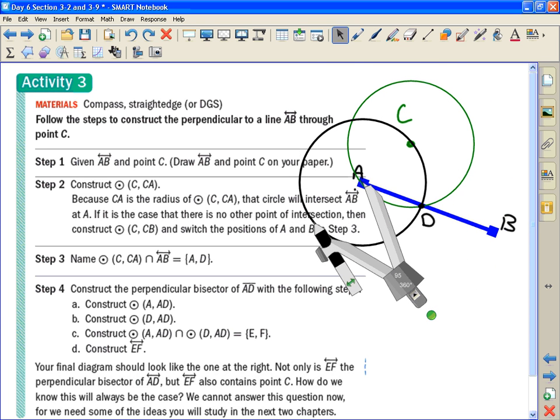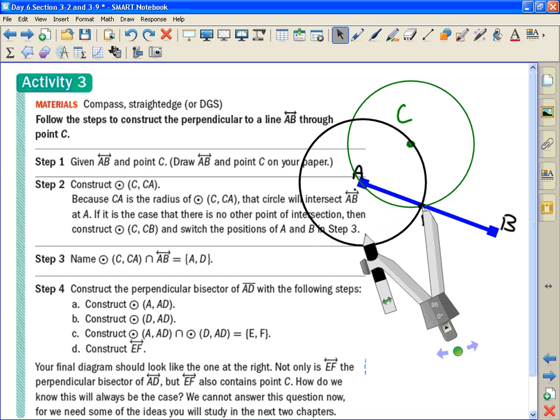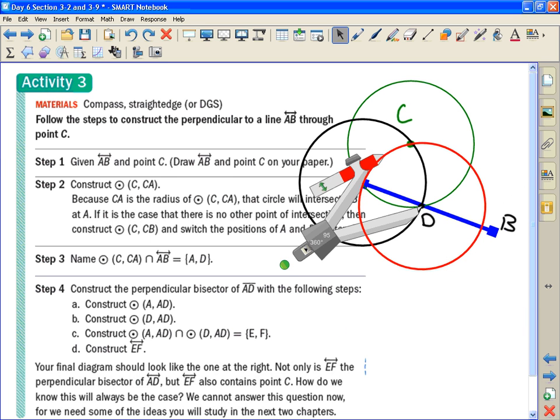Now I just drew a circle with a center of A and a radius of AD. I'm going to do the same thing, but D now is going to be my center, with a radius of AD. I'll change my color to red, so I'm going to draw a circle with center D and radius AD.